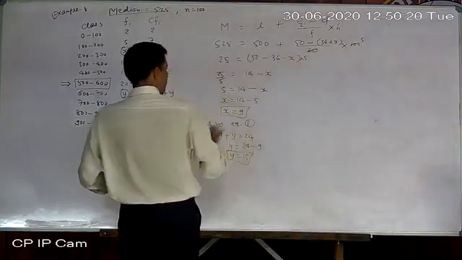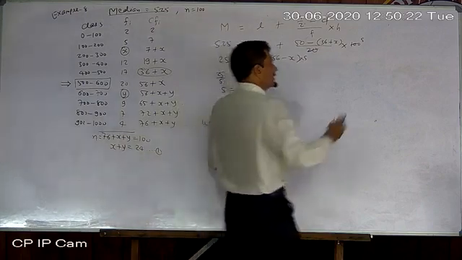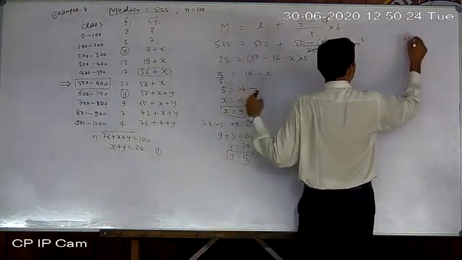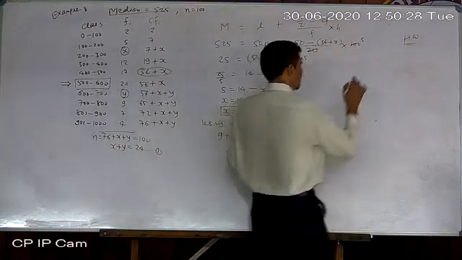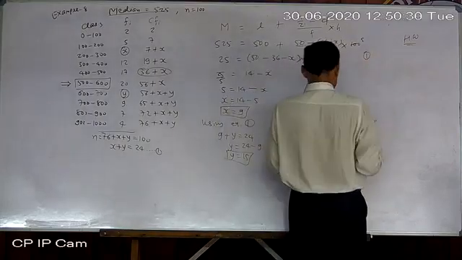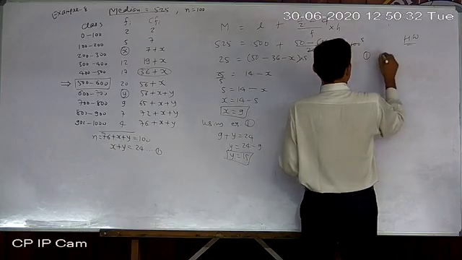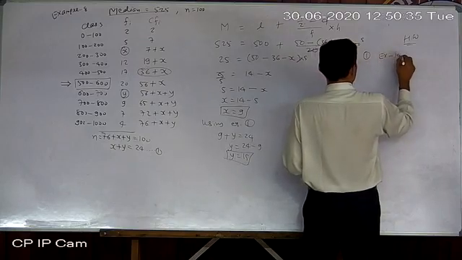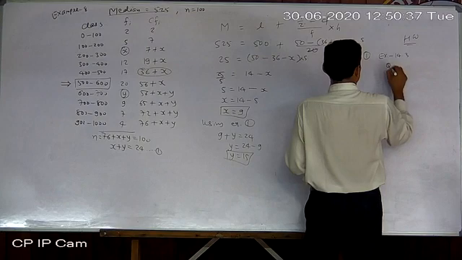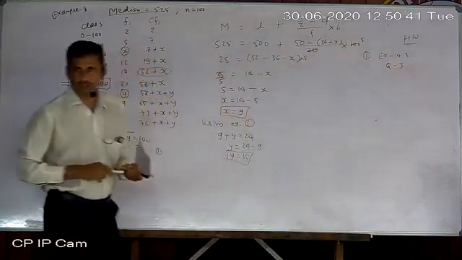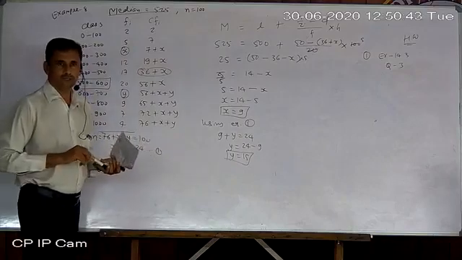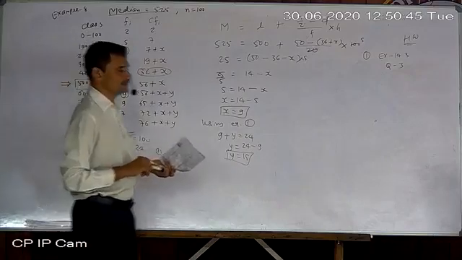Now before going to that second sum, homework related to this is from the textbook. Okay, so today's first homework sum is from the textbook, exercise 14.3, question number 3. That is of missing frequency.